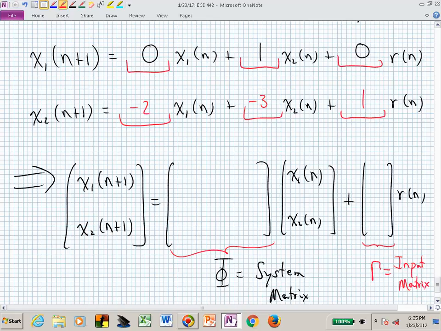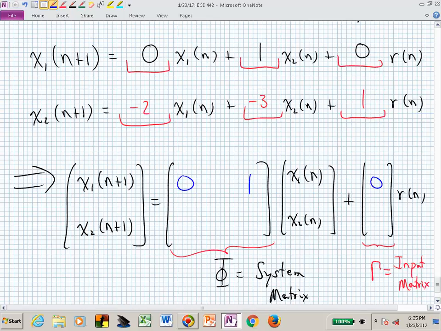Do you see how to fill in the blanks of phi and gamma based on these two coupled difference equations? We just have to make sure that our matrix multiplication is accurate. In the first row of the phi matrix, what do I see? We need to just pull off x sub 2, and we do not want any input.